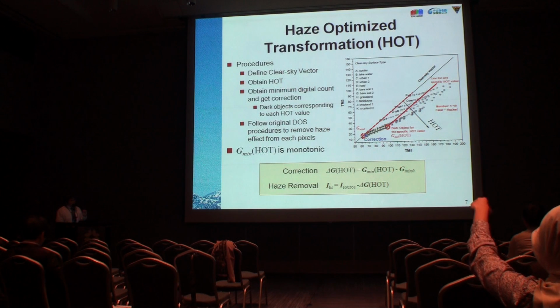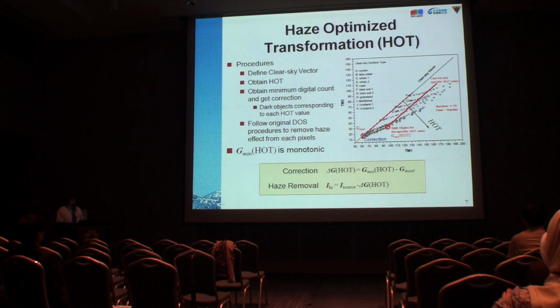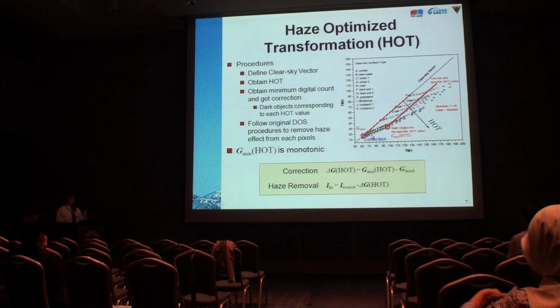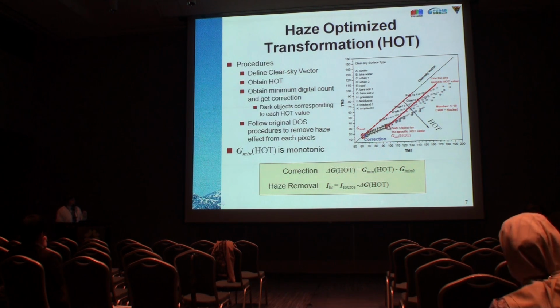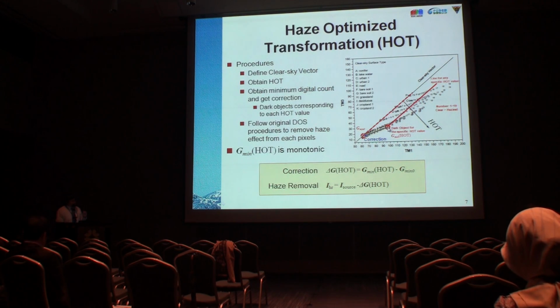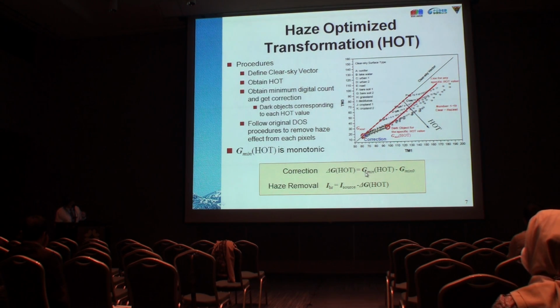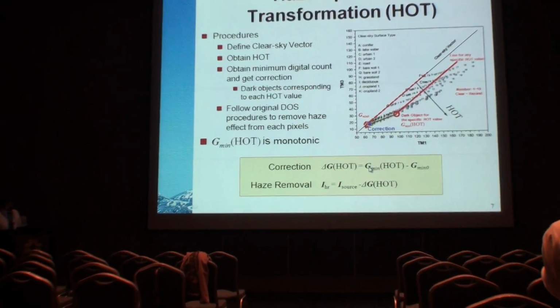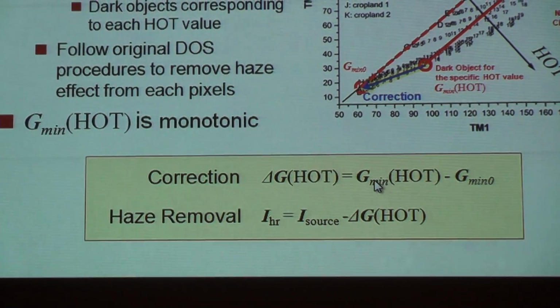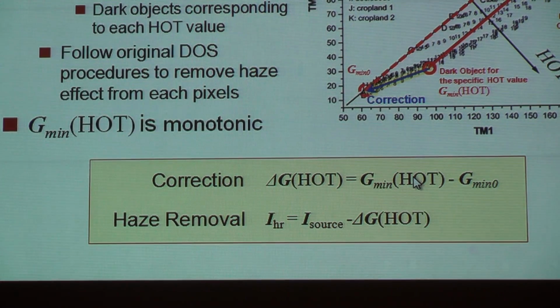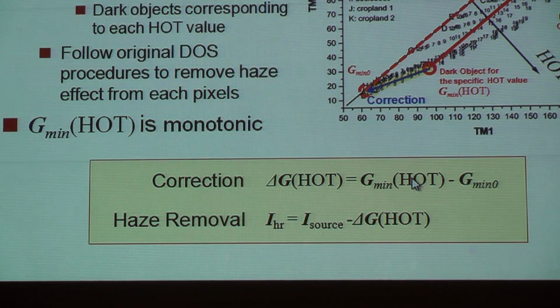So once we remove the gray value from here to here, then we can say the haze can be removed. And usually we call the value in here the G minimum HOT. That means the equivalent dark object gray value in this HOT condition, or the haze condition.